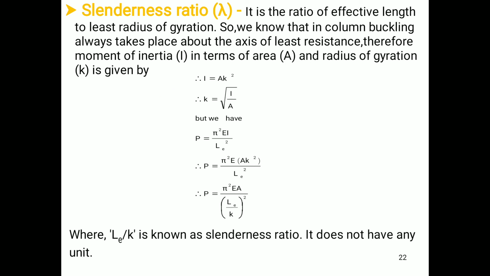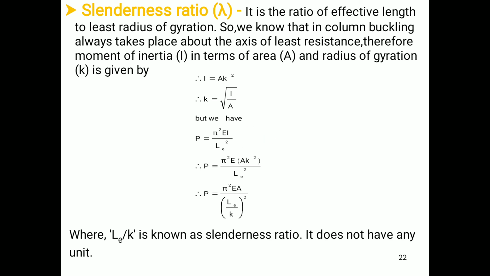All of you know that the crippling load by the Euler formula is given by pi square EI upon Le square. So you put the value of I into this equation.